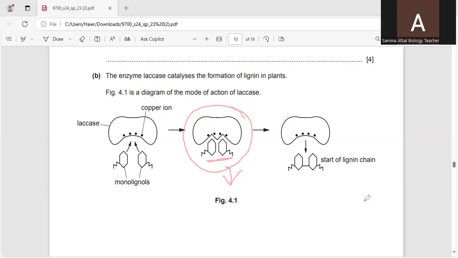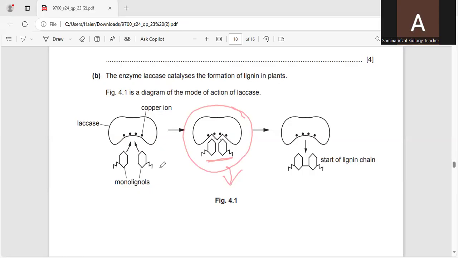They will be oxidized over here. So the oxidized monolignols will be called radicals when they react with each other to form dimers and then larger polymers. So in this way, the formation of lignin in plants will take place.